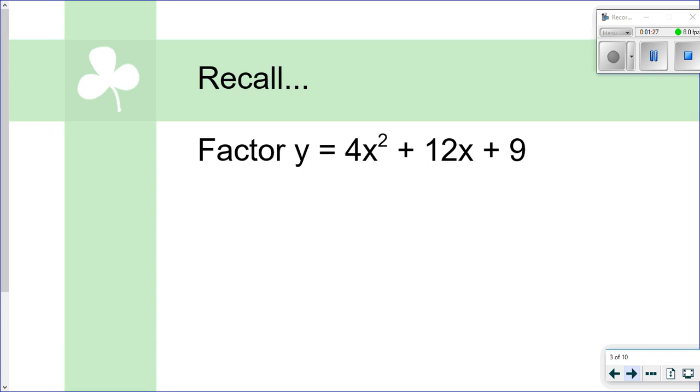Likewise here, we know how to do this. Give it a shot. Okay, so there's no common factor. What is that? That's not 9 and 3. 9 and 4 would be 13. All right, I'm having a mental block for some reason.